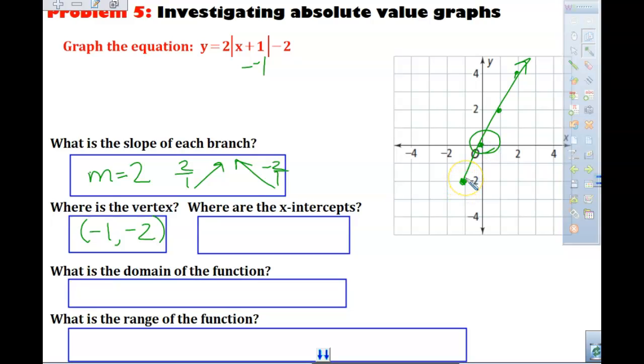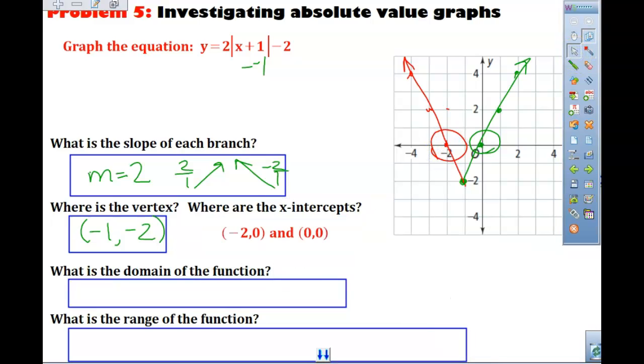On the other side, this is my -2 slope, I'm going to go up 2 and over 1 this way. Here's my other x-intercept. So the question says, what are your x-intercepts? They're at -2, 0, and 0, 0. Later we call these solutions.